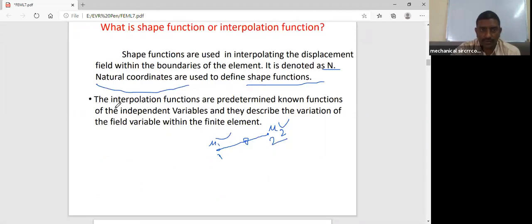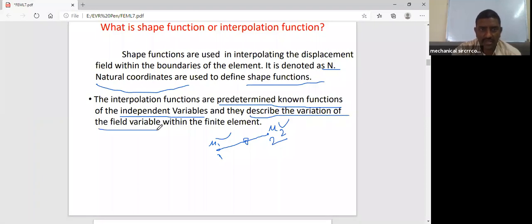Interpolation functions are actually predetermined known functions of the independent variables. Here the independent variable is x, for example in the case of a one-dimensional problem. These interpolation functions, or shape functions, can describe the variation of the field variable.